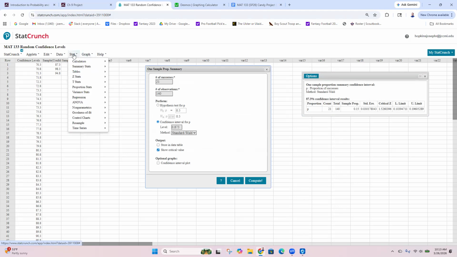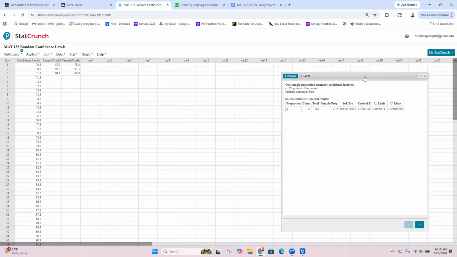I do Stat, Proportion Stats, One Sample with Summary, put in my X, put in my N, click this dot, put in my confidence level, and check this box to show your critical value. Okay. And then you hit compute, and there we go.